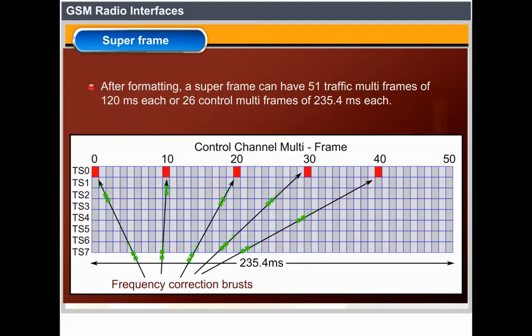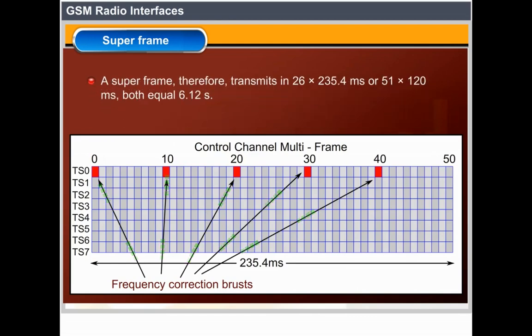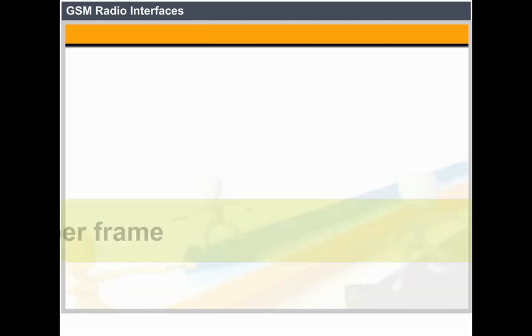After formatting, a superframe can have 51 traffic multi-frames of 120 ms each or 26 control multi-frames of 235.4 ms each. A superframe therefore transmits in 26 × 235.4 ms or 51 × 120 ms, both equal to 6.12 s.